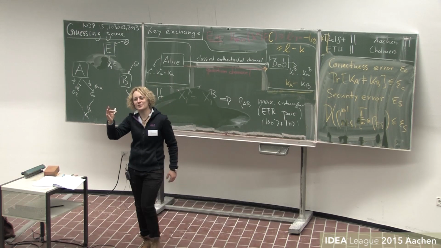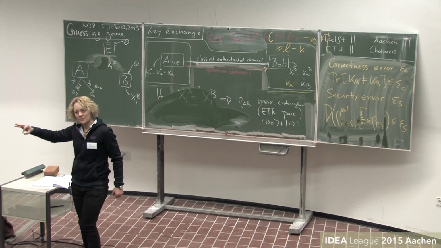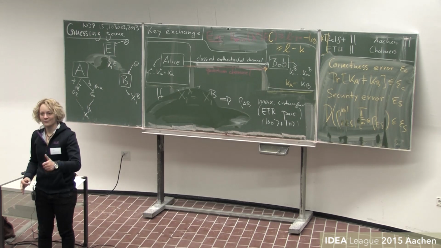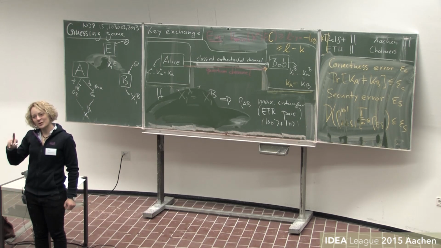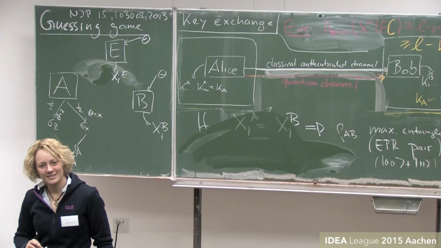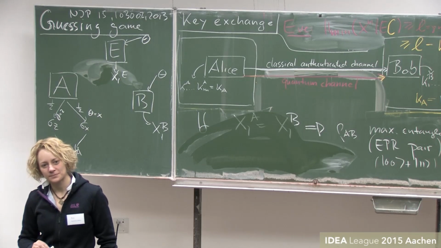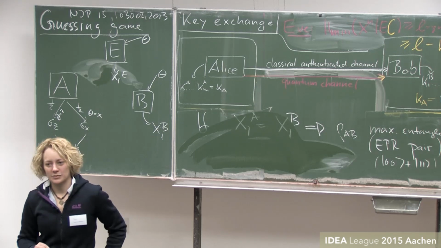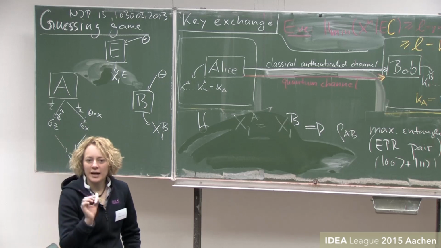Because it's like 0, 0, 0 plus 1, 1, 1. So if all of them measure in the Z basis, then we're in good shape because all of the outcomes will match. But it's slightly more complicated here because I want this to be true also for the Hadamard basis. But Eve also knows theta, and if he does a measurement last, he doesn't disturb anything. That's right. So note that the state that they prepare does not depend on theta.